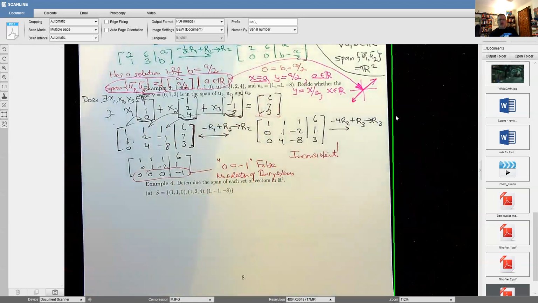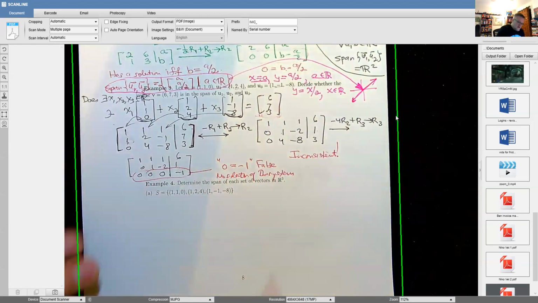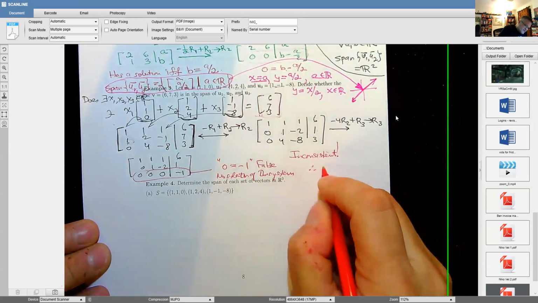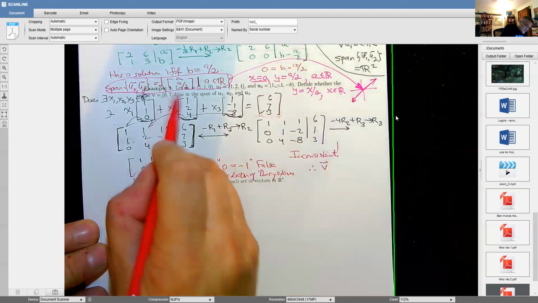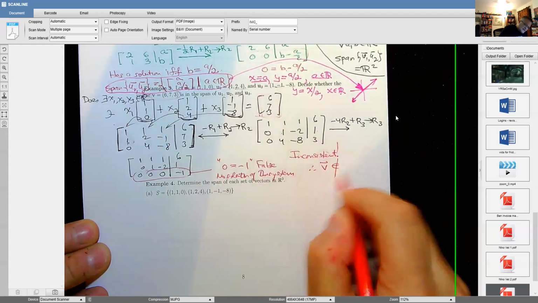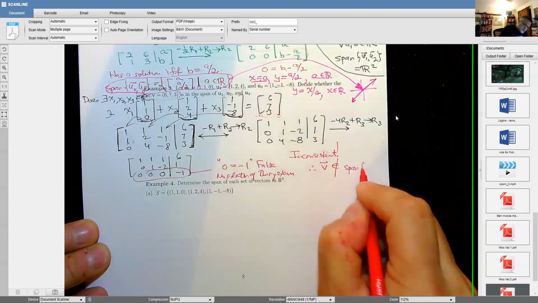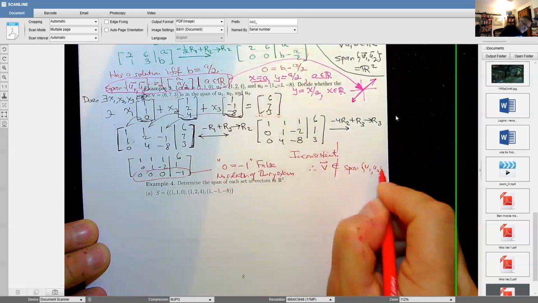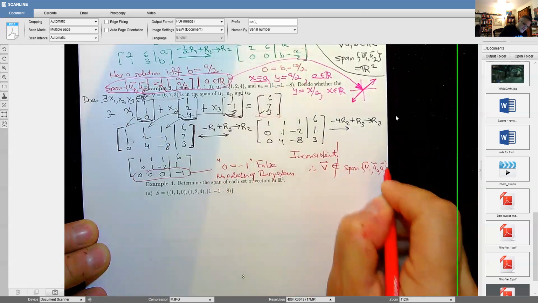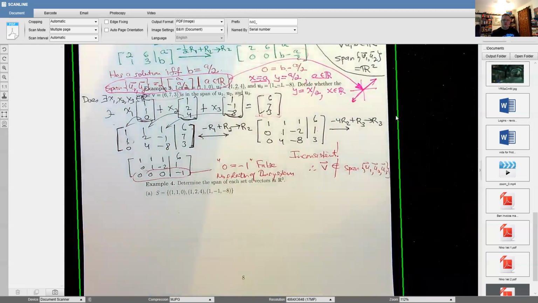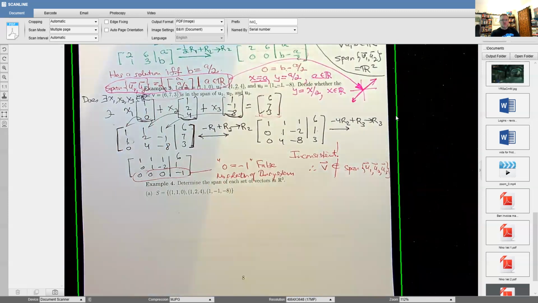Okay. And so if that system is inconsistent, this means that V, the vector that we started with, does not belong to the span of those three vectors. All right. So it all boils down to solving a system and seeing if there is a solution.